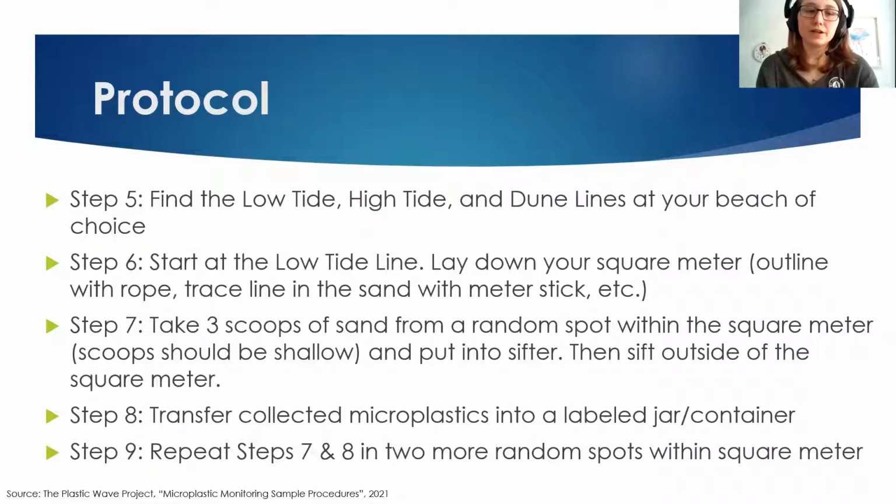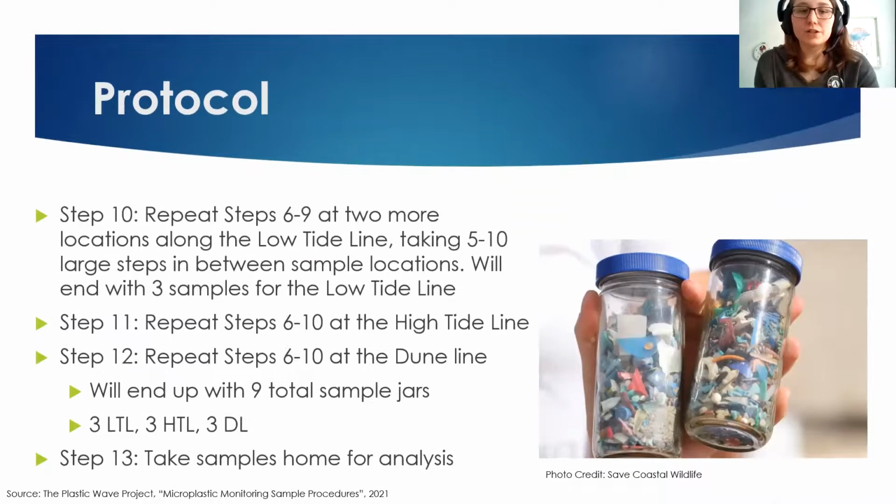So you go in there, you take 3 scoops, you sift, then you take the collected microplastics and put them into a labeled jar. We'll go over jar labeling in a couple slides. So scoop, sift, dump microplastic into jar. Then you're going to do that 2 more times within the same square. Whereas with the other protocol, you would have taken 5 scoops or 5 little random spots, here you're only doing 3.